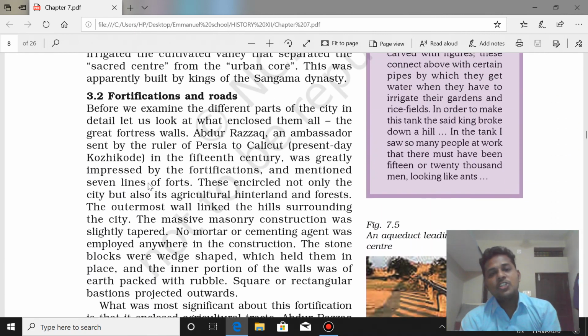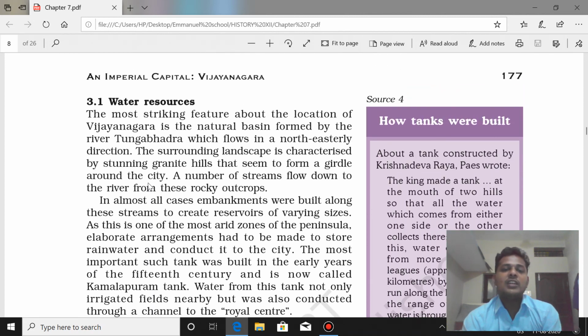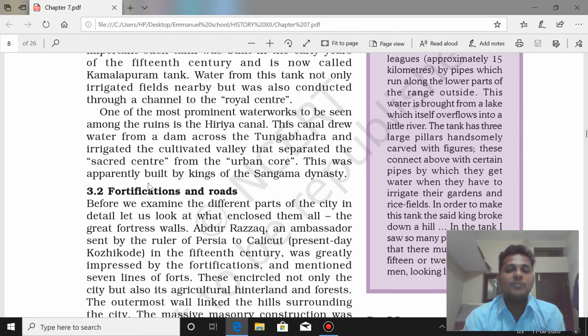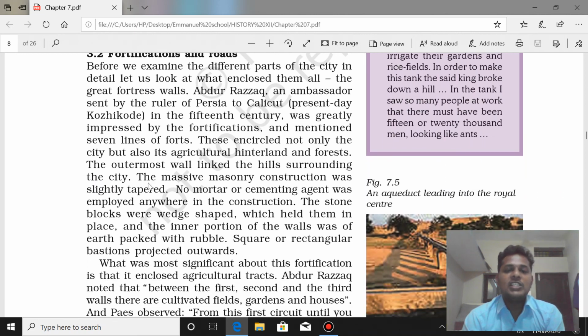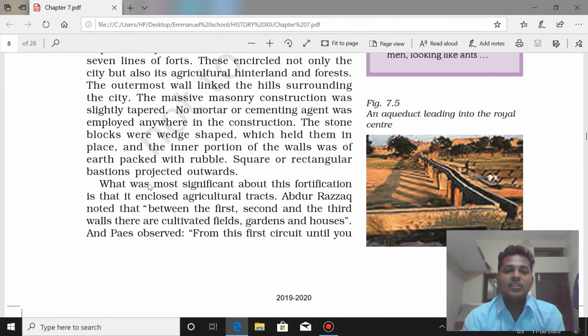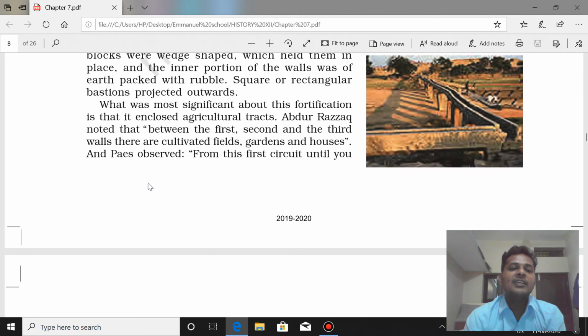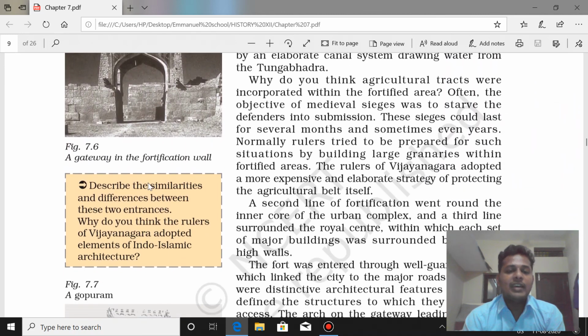If a question comes separately about water resources, then you need to talk about the Tungabhadra river, the Kamalapuram tank, the Hiriya canal and all that. Fortification: Abdul Razzaq is very much mesmerized by this, and he says he is surprised to see it includes even the agricultural land and forest and all that. Why it is like that, you also have to explain.